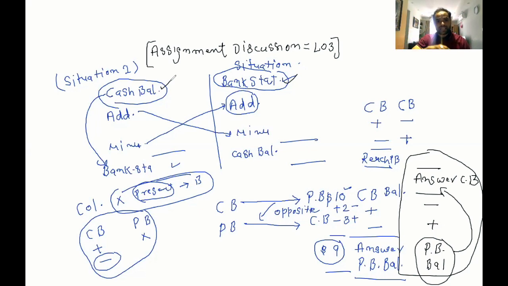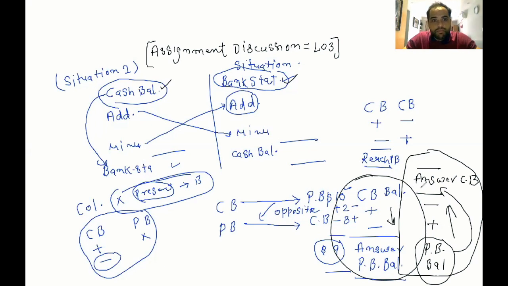You're going to perform exactly opposite transactions in order to reach your cash book balance answer. The reason is exactly the same, the logic that I gave you here. So we perform the opposite transaction to reach the answer. So is it okay? Can we move on to situation 2? Yes. Okay.